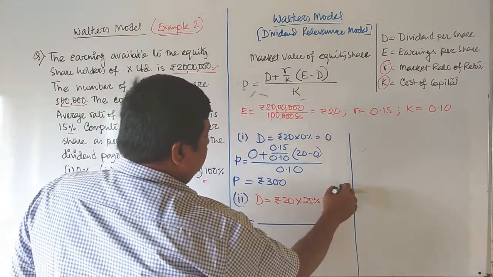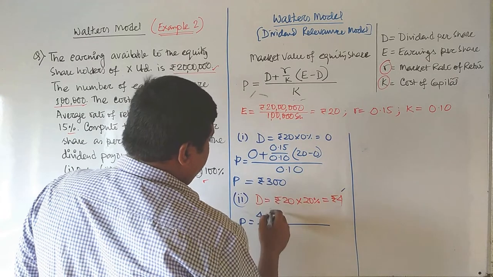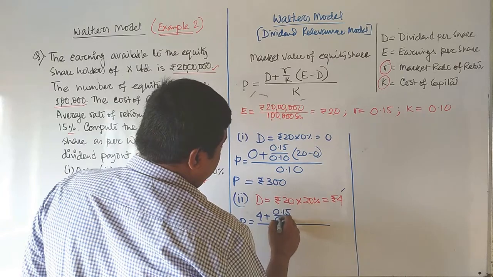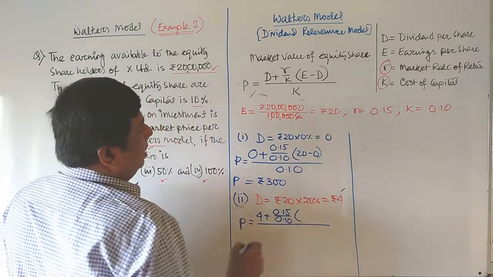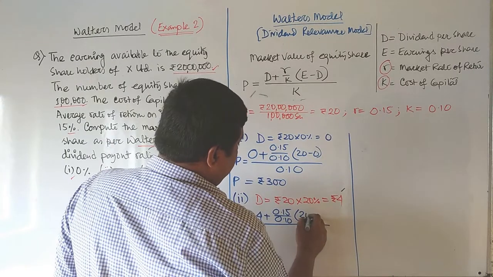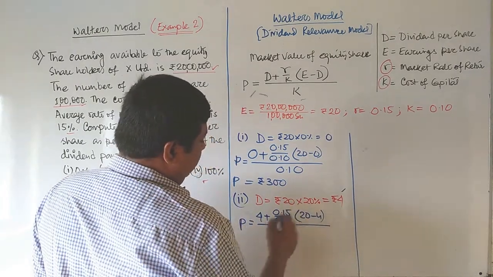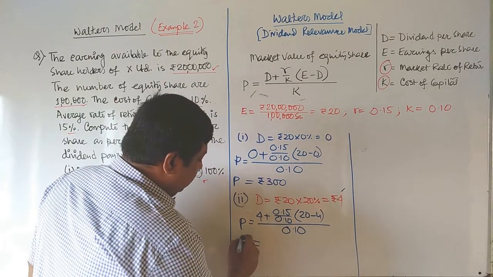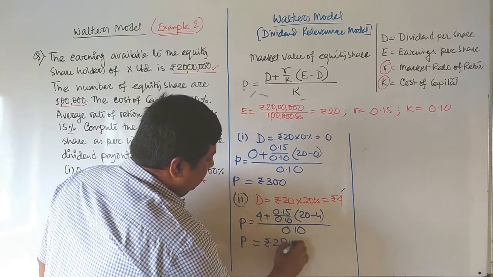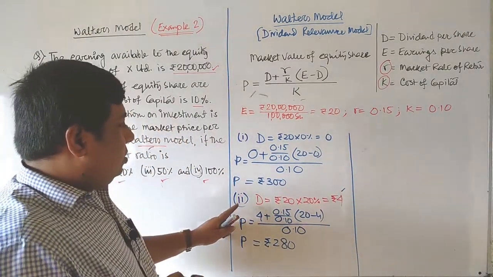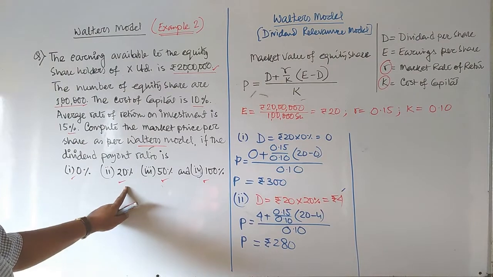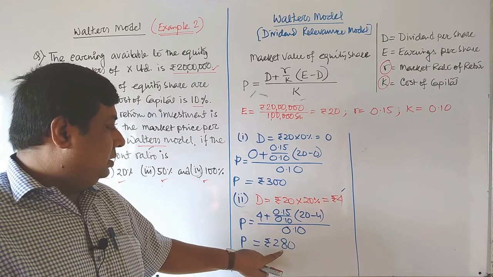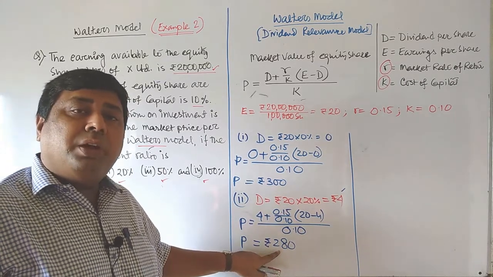D here is 4 plus R by K. R is 0.15, K is 0.10, within bracket E minus D, E is 20, D is 4, divided by K, 0.10. Then P equals rupees 280. In case of 20% dividend payout ratio, if dividend per share is rupees 4, in that case the market value per share is rupees 280.